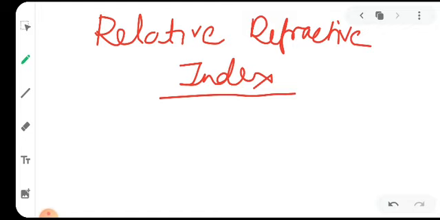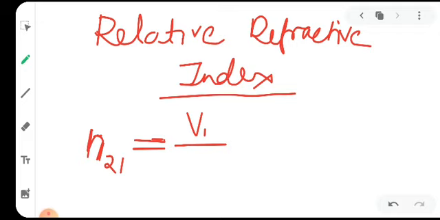Now what is relative refractive index? Relative refractive index is the refractive index of one material with respect to another. Say, if you want to define the relative refractive index of medium 2 with respect to medium 1, all you do is take the ratio of the velocity of light in medium 1 divided by the velocity of light in medium 2.